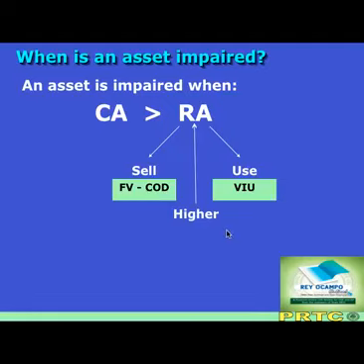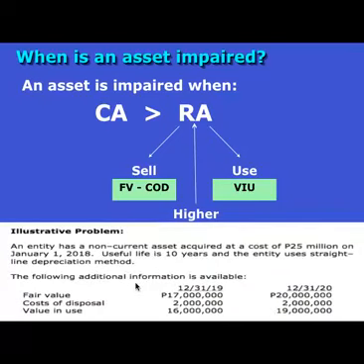So let's see an illustrative problem. An entity has a non-current asset acquired at a cost of 25 million on January 1, 2018. Life, 10 years. The entity uses the straight-line depreciation method.